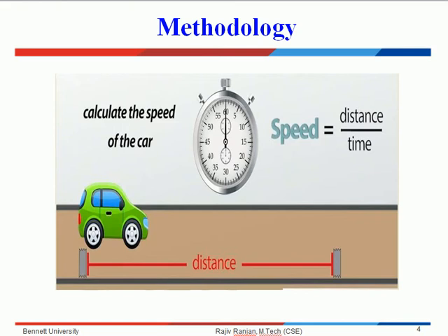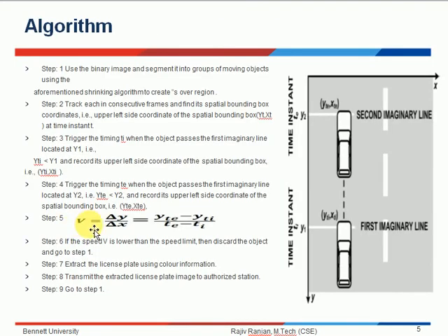And here's the algorithm. We can see how that basic idea is implemented from this diagram. There are two imaginary lines, this is the first imaginary line and this is the second imaginary line, right? Here y1 and y2 are the coordinates of the two imaginary lines, and ti and te are the time instants for the respective imaginary lines.